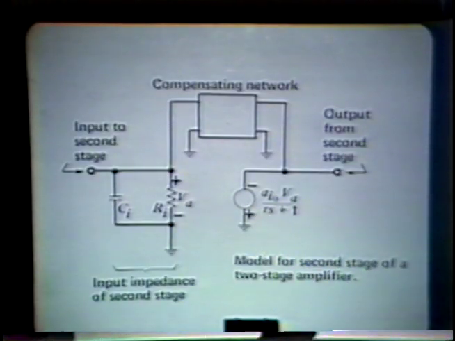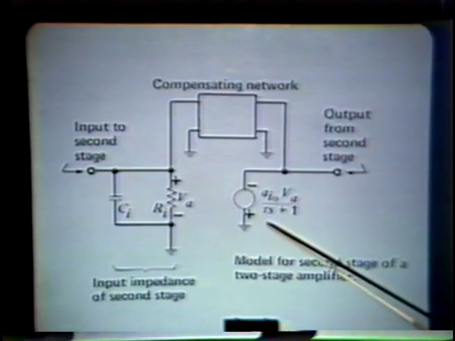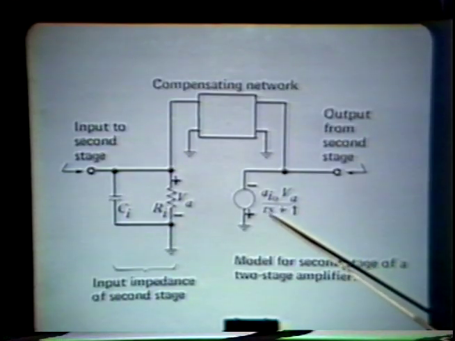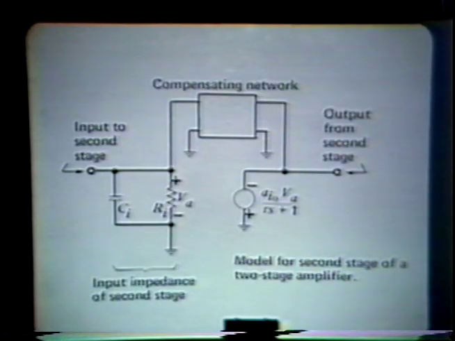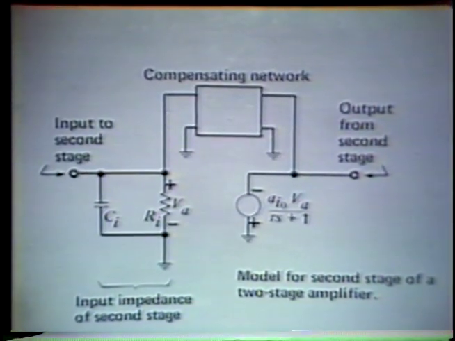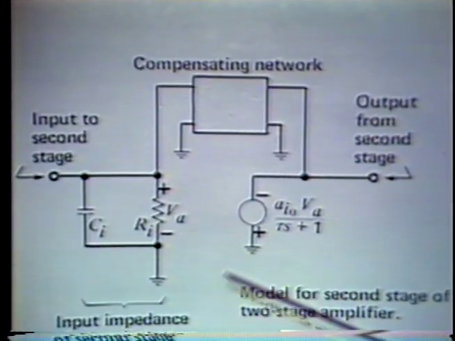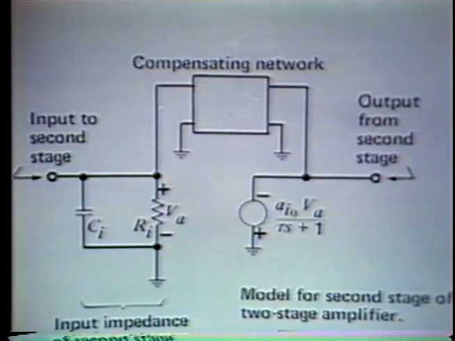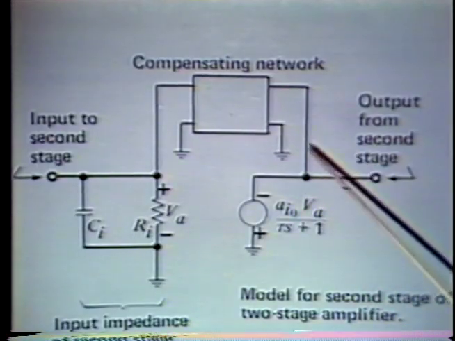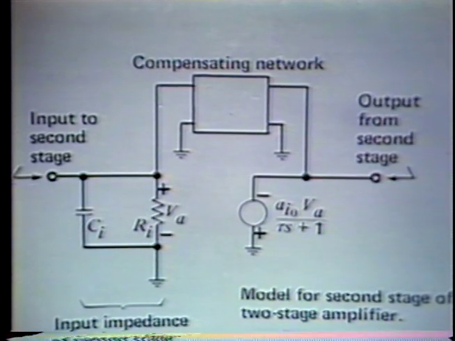But there's also typically a single pole associated with that transfer function. The physical reason for this pole is normally capacitive loading, or at least one possibility is capacitive loading at the output of the second stage itself, not at the output of the overall operational amplifier. And so that gives us a pole. And now we put a minor loop from the output of the second stage back to its input.